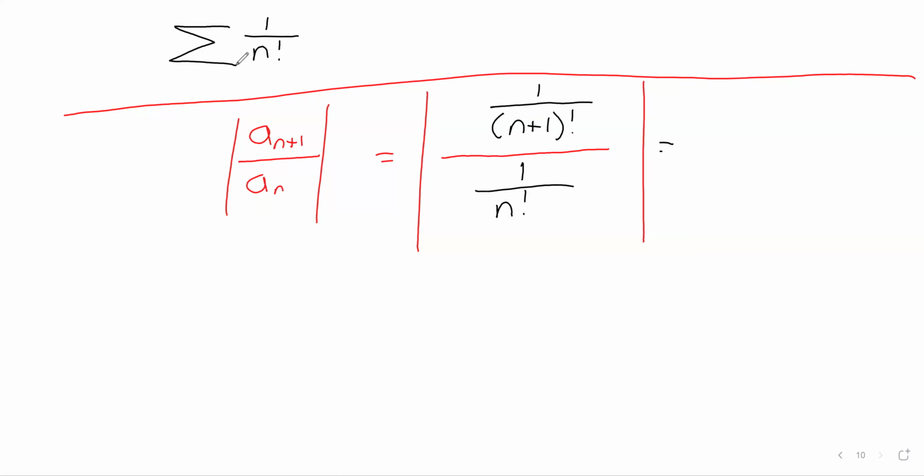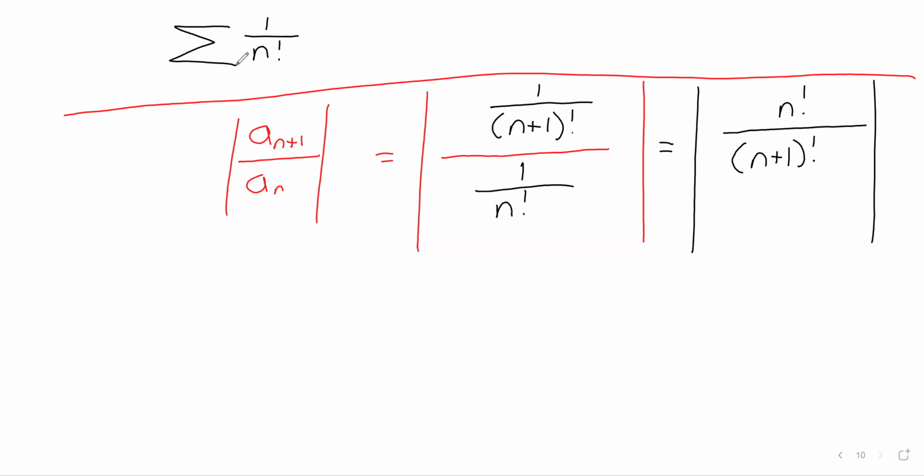And we can hopefully deal with this division of fractions. You flip the denominator and you multiply. And we wind up with this. And we're going to have to take a limit at some point. But for now, I just want to look at n factorial over n plus 1 factorial.